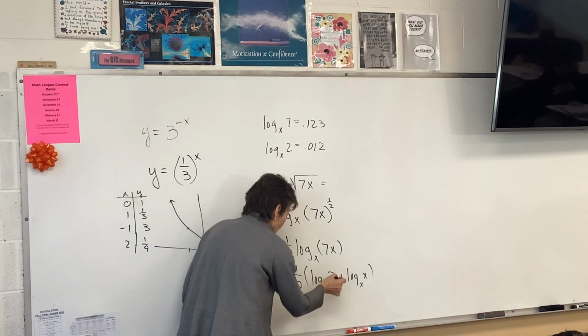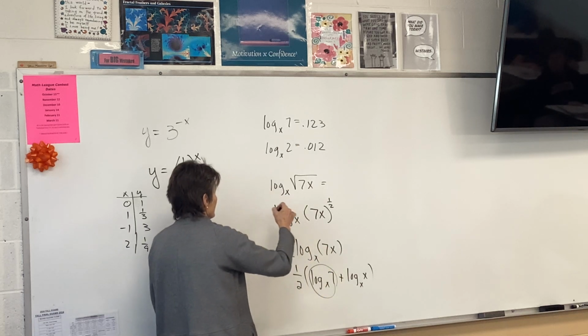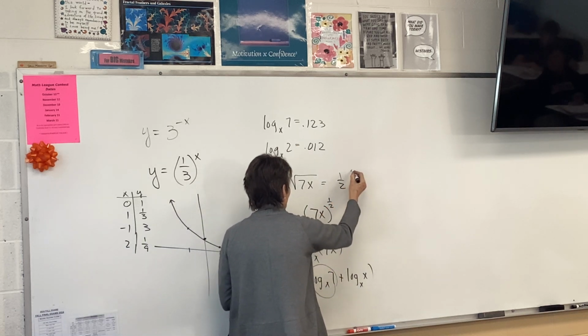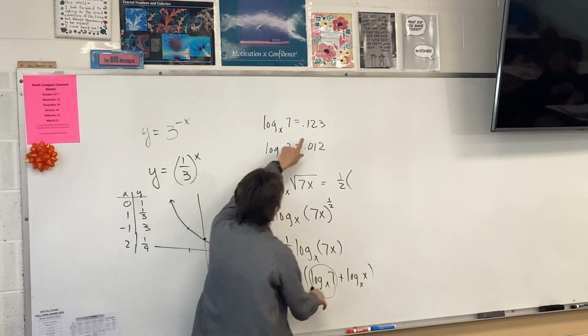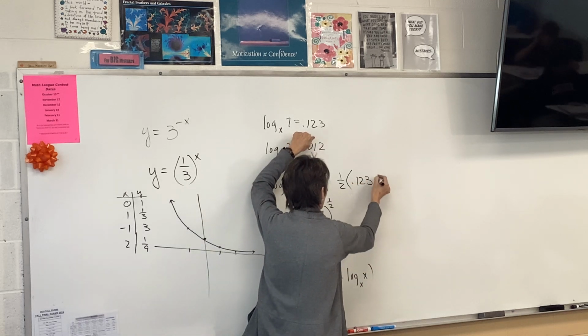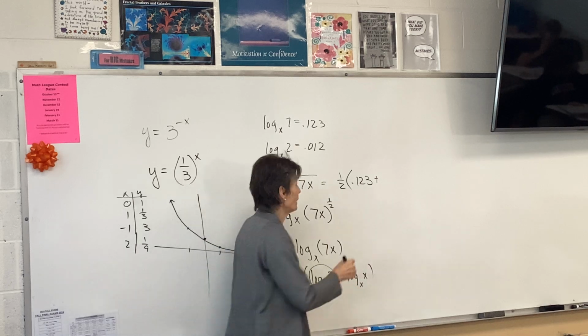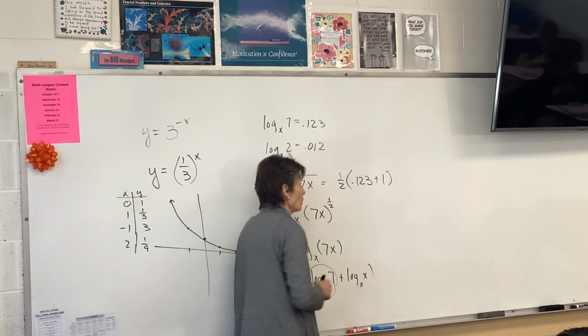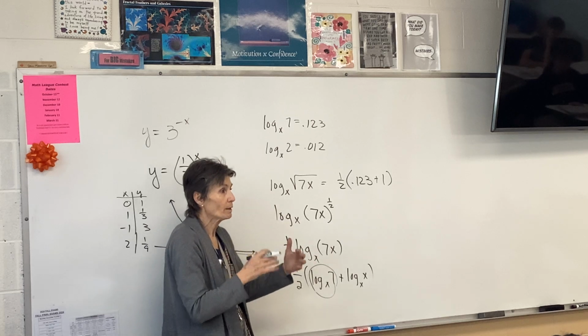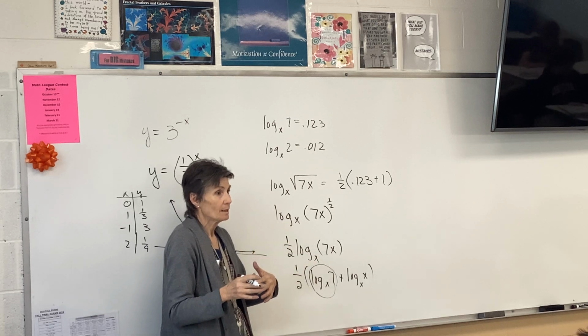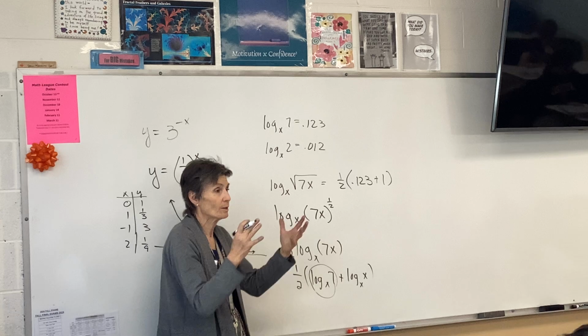This number was given to me. So I have 1/2, that was 0.123. What's the log base x of x? 1. So then take 1.123 and multiply by 1/2, or divide by 2, and that will be the answer.